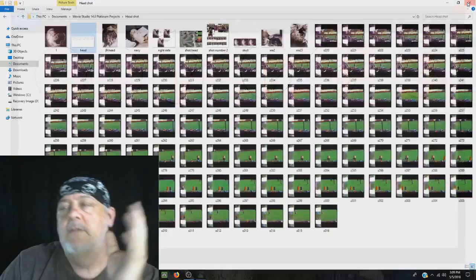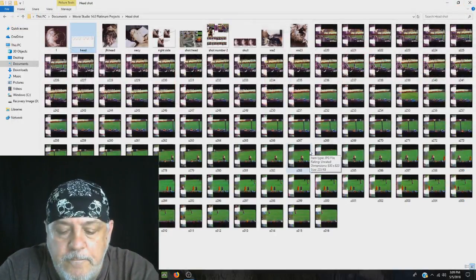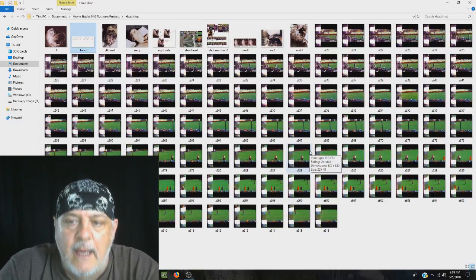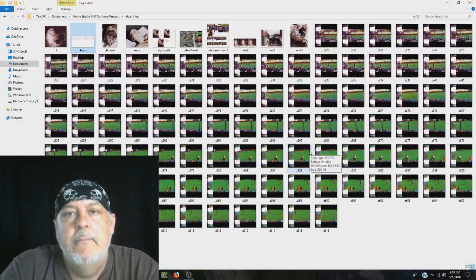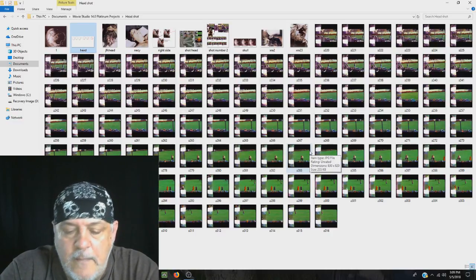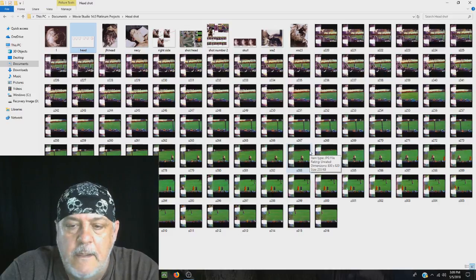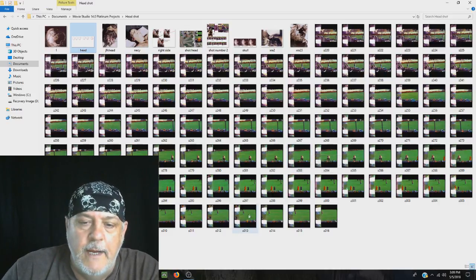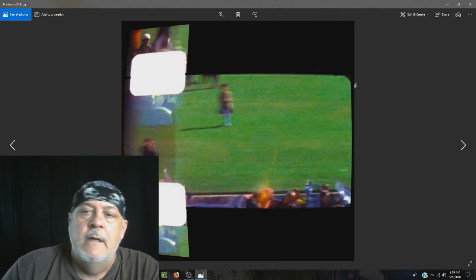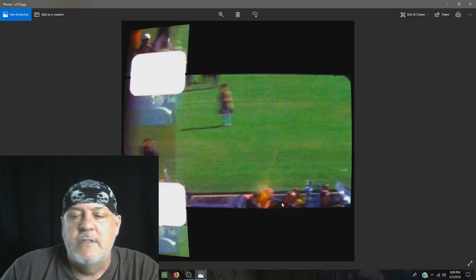Now, the reason I want to make this video and go more in depth, in more detail, is that when people do their research or investigation into the JFK assassination, they pull up one frame, one image, and say, okay, this is a fatal headshot. It came in from the left or it came in from the right. But there are no explanations.